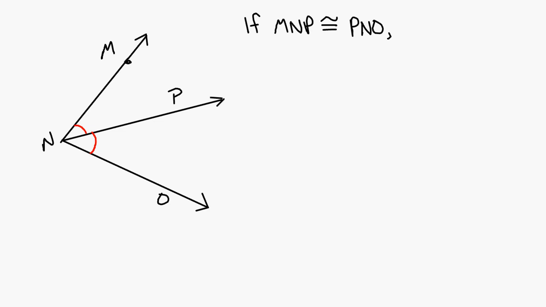Angle MNP is congruent to angle PNO because of the arc marks, right? They're congruent angles, they have the same measure. Then ray NP is an angle bisector.